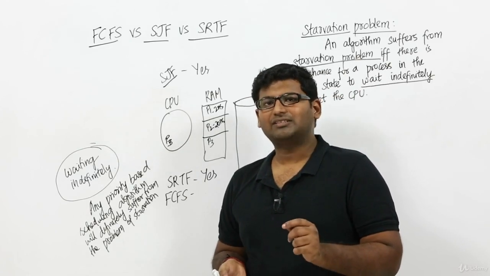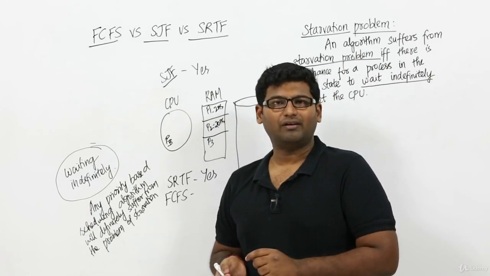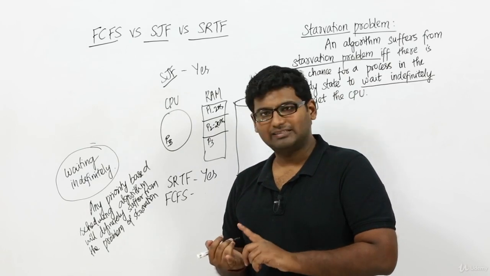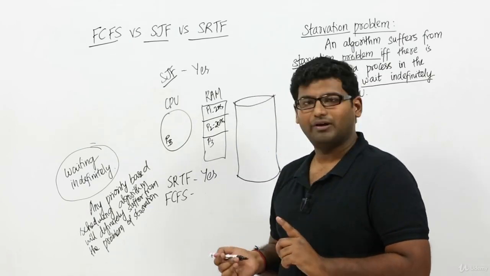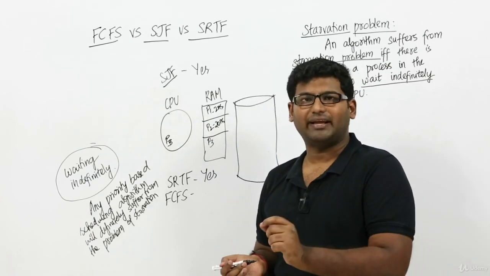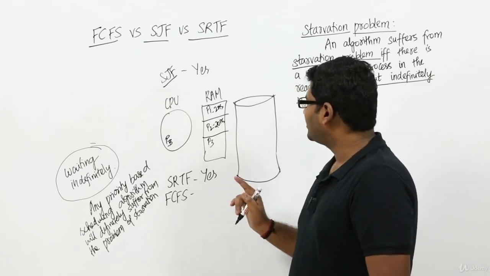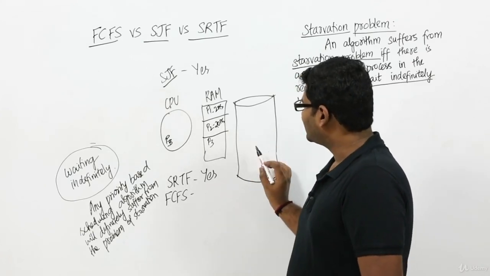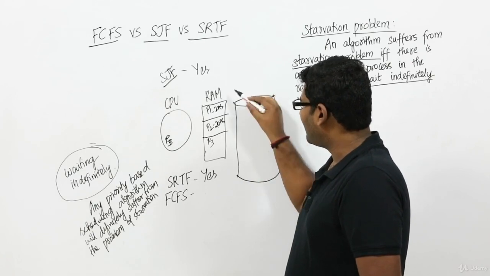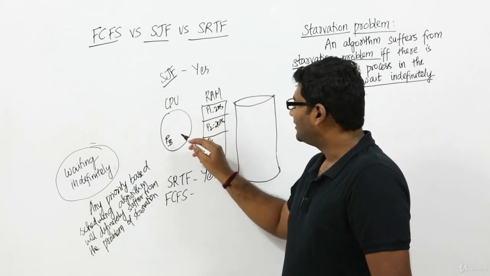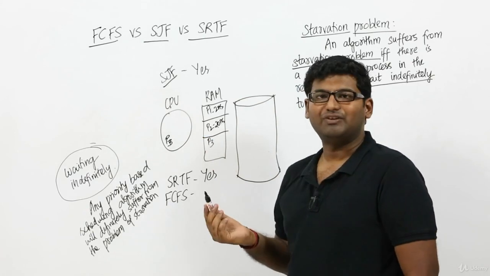FCFS will not suffer from the problem of starvation. The first point is that it is not a priority based scheduling algorithm. That is fine, but that is not the actual reason. The reason is quite simple. Any process which comes into the RAM first will be scheduled before the process which comes next.